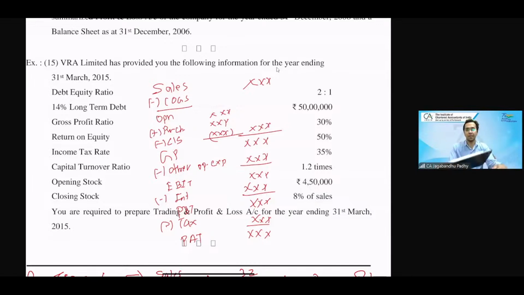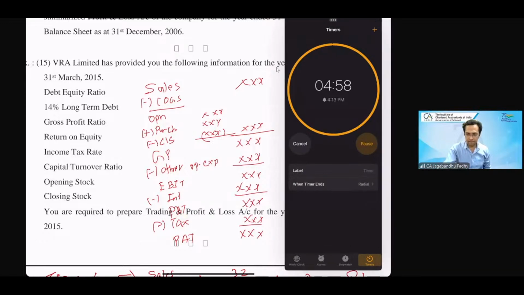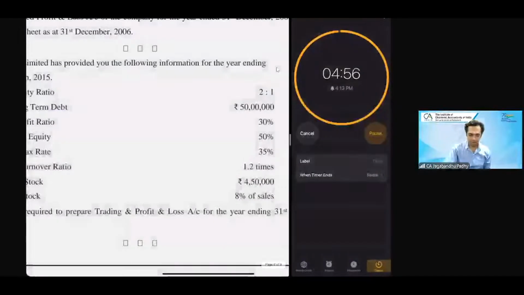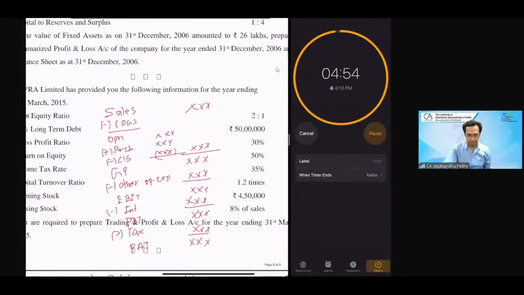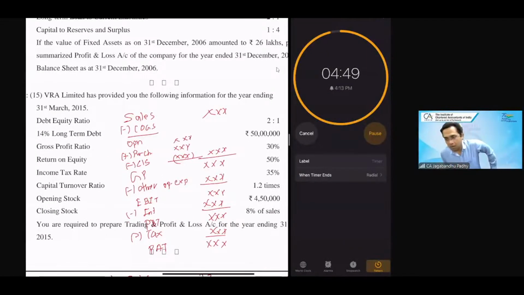Solve it, guys. In exam, we can make the format vertical or horizontal, both ways are acceptable.